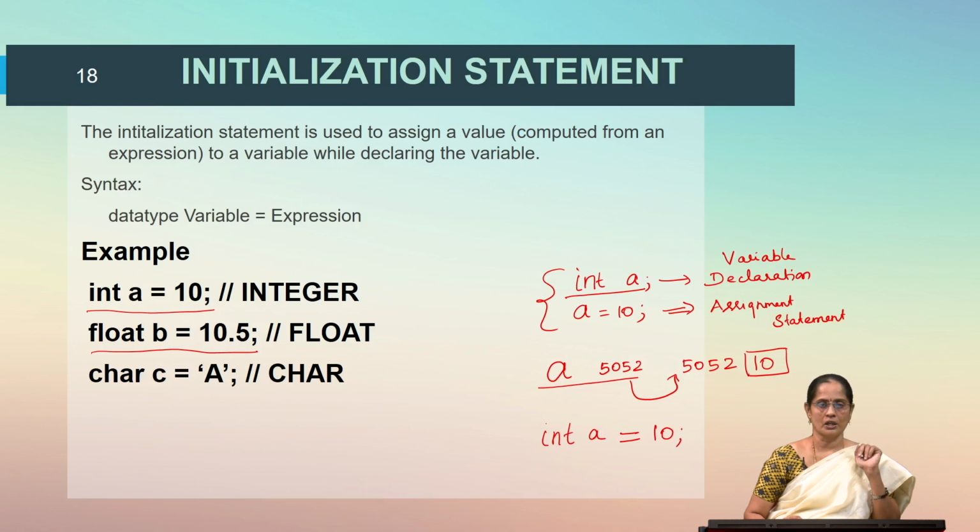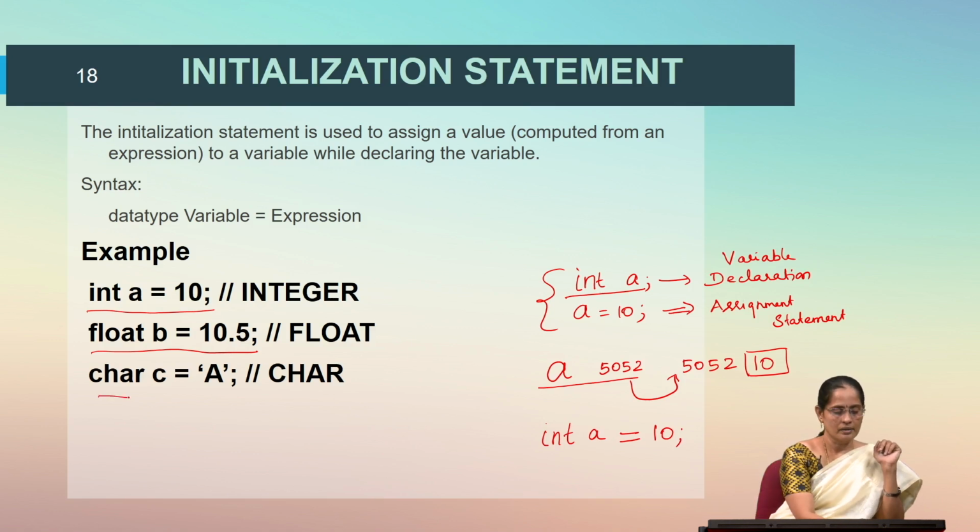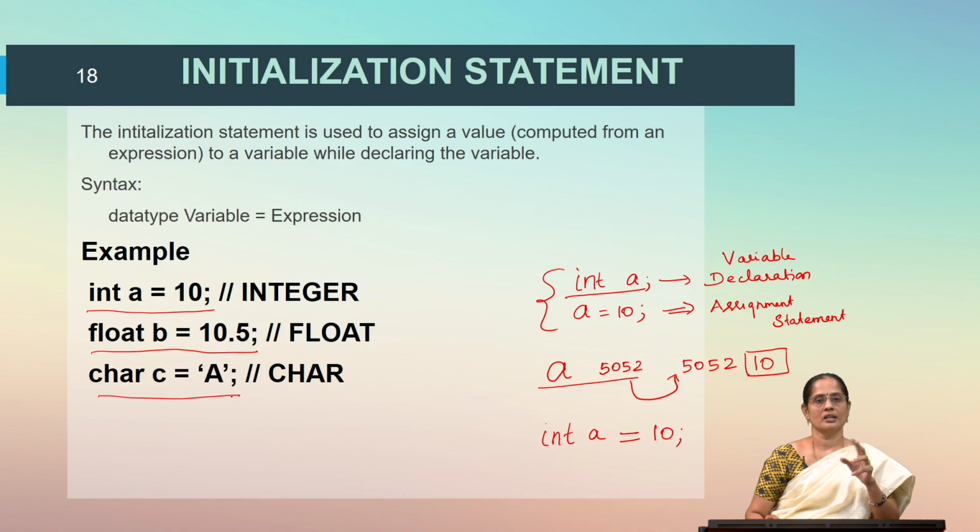Here the character declaration as well as assigning value to the character is now merged as an initialization statement. But we need to see to it that we store the corresponding type of value in the variable. For instance, I cannot write int a equal to 10.5, which is wrong. We will again see what values can be stored in what sort of data types in later sessions.